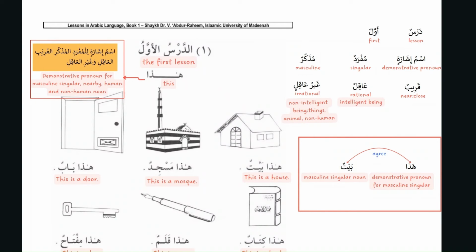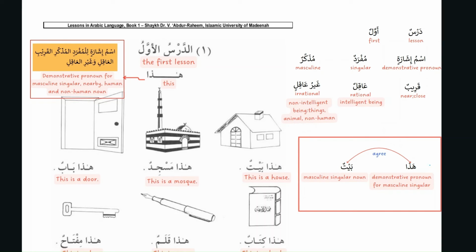From this text, we learn two basic rules. Hadha, this. Hadha is a demonstrative pronoun for masculine singular, nearby, human and non-human noun.